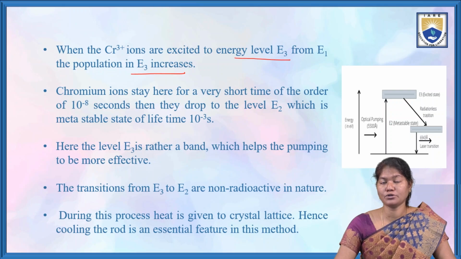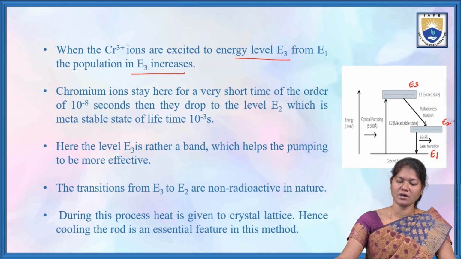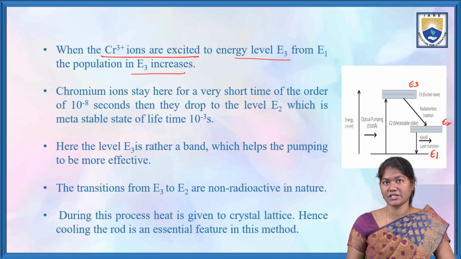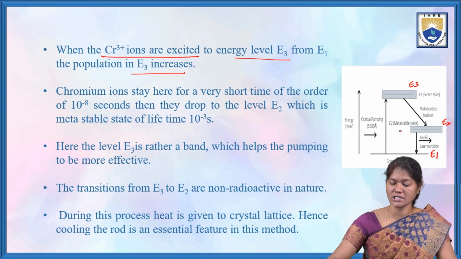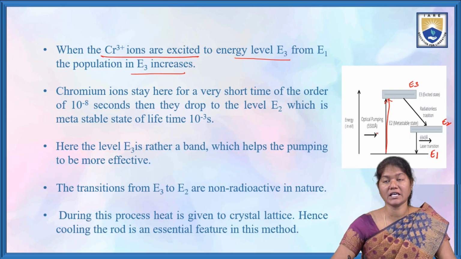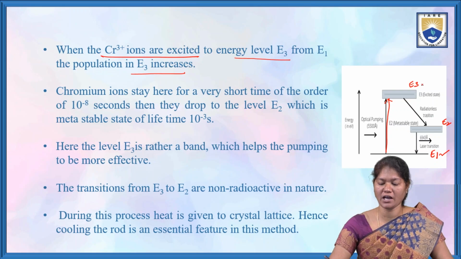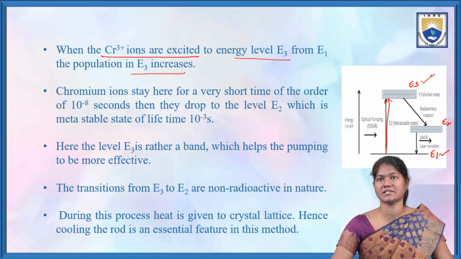In this diagram, this is E1, E3, and this is E2. So the chromium ions jump to the E3 energy level from the E1 energy level.